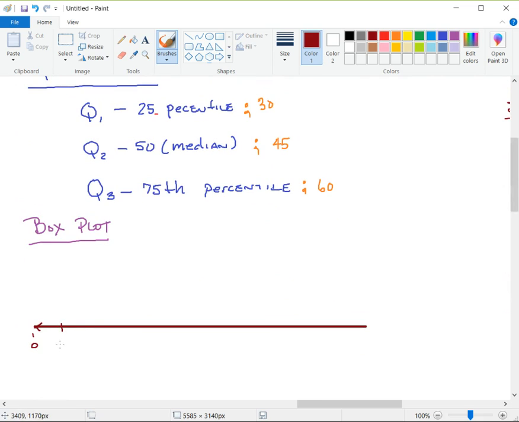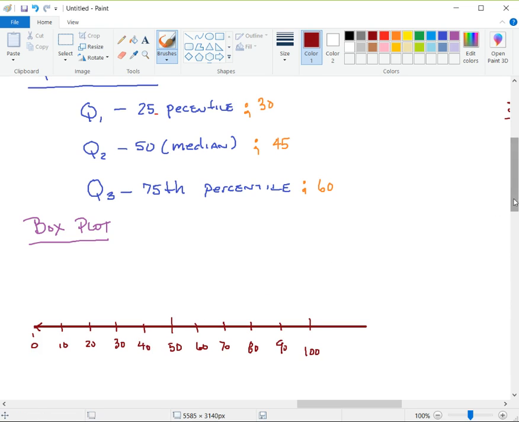And then I'm going to increment it by 10. 10, 20, 30, 40, 50, 60, 70, 80, 90, and then 100. And I can stop there because my data ends up stopping after 90.